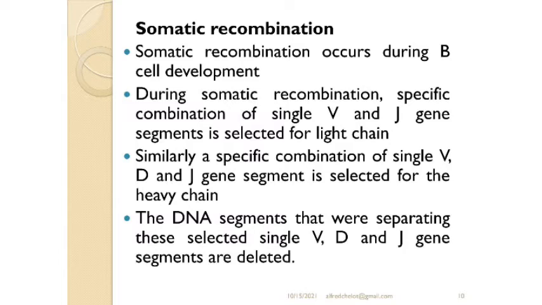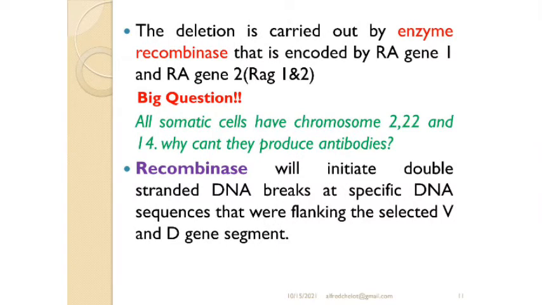The DNA segments separating these selected gene segments are deleted, and what helps in deletion is an enzyme called recombinase, encoded by RAG1 and RAG2, which stand for recombinase activating genes.